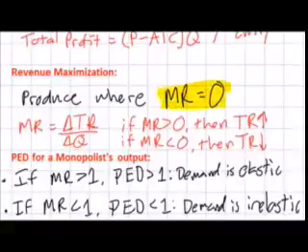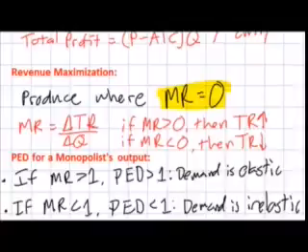Because if the firm's marginal revenue is greater than 0, then decreasing its price and increasing its output will add to total revenues. When marginal revenue becomes negative, then a decrease in price and an increase in output will decrease the firm's total revenues. Therefore, total revenues are maximized when marginal revenue equals 0.